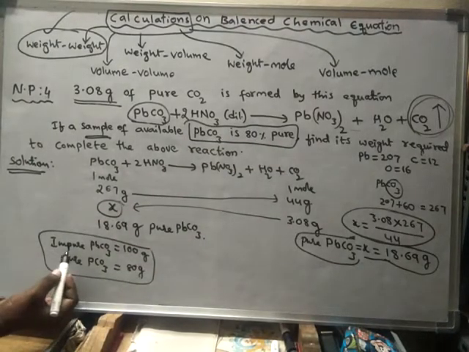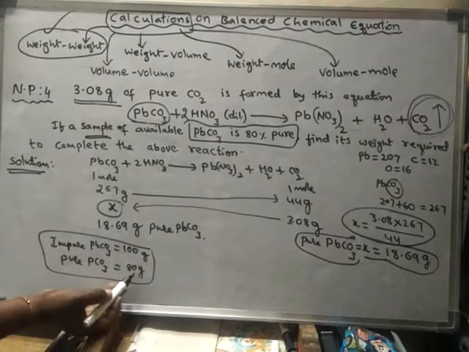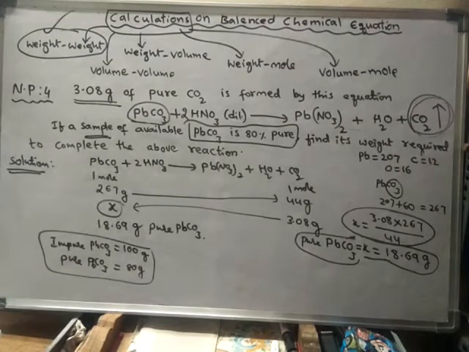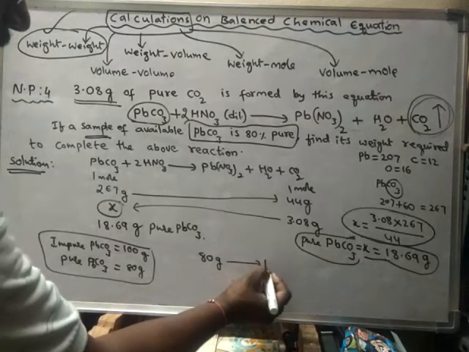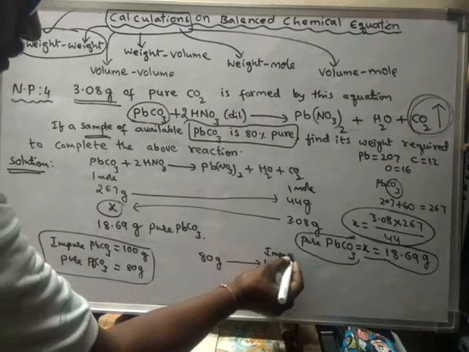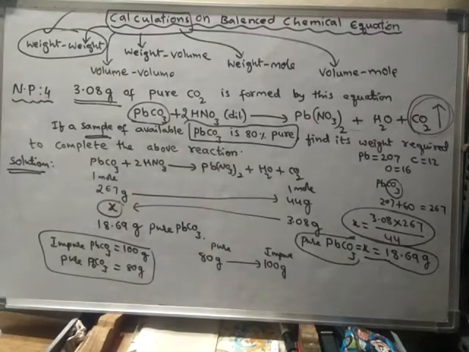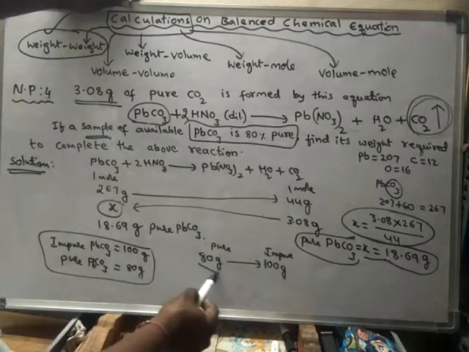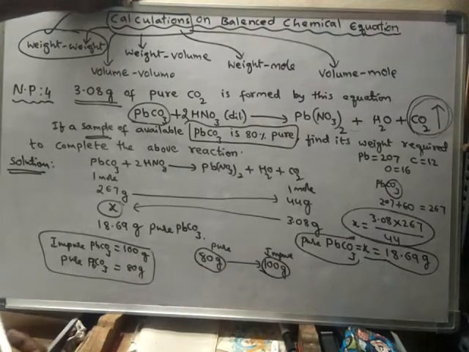That means 80 grams of pure lead carbonate is obtained from 100 grams of impure. That means for the production of 80 grams of pure lead carbonate, 100 grams of impure lead carbonate is necessary.